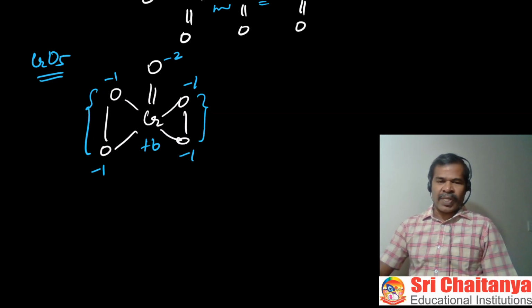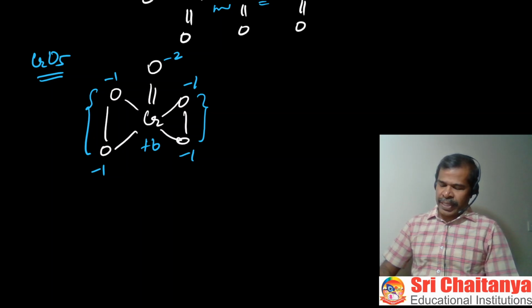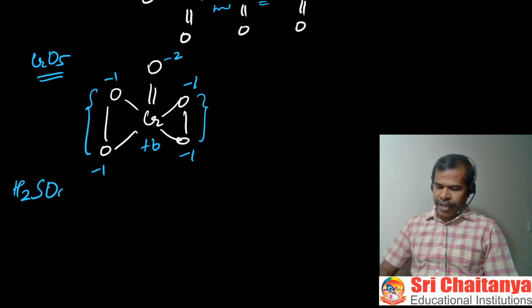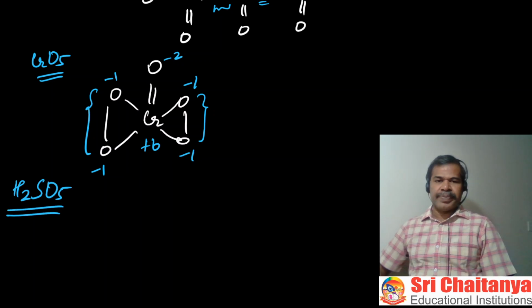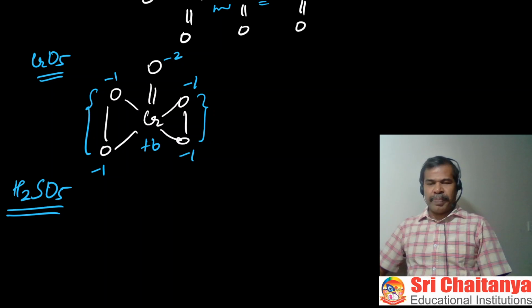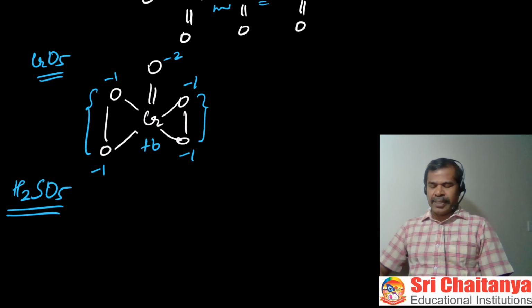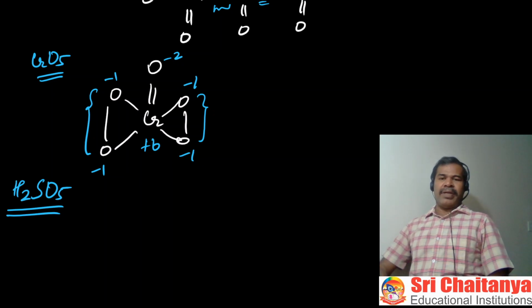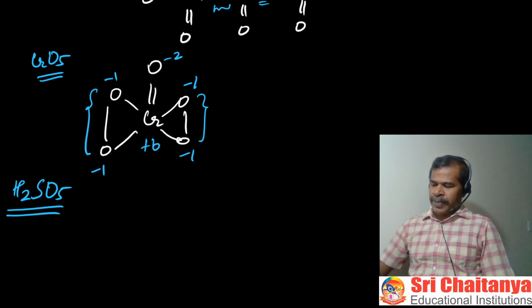I'll just finish this oxidation state topic with one last compound, that is, we'll take H2SO5. We call it peroxo monosulfuric acid, H2SO5. So what is the structure of this one? We can't decide the oxidation state again by the normal calculations.